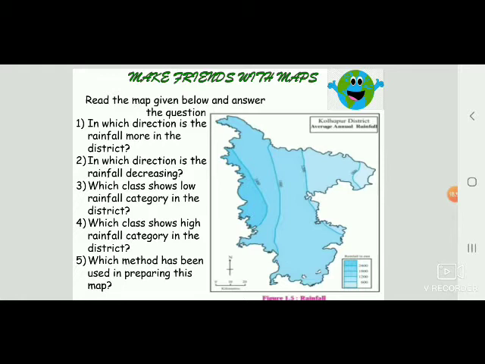First one, in which direction is the rainfall more in the district? In which direction is the rainfall decreasing?